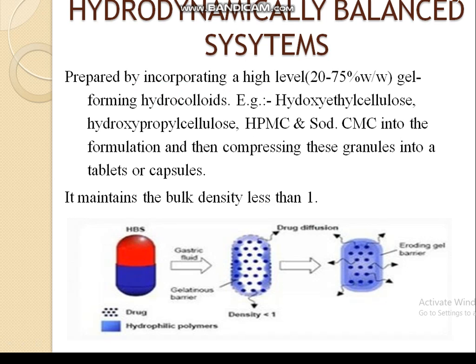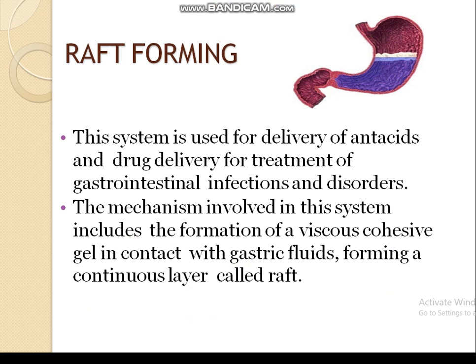All these polymers can be used, and then these granules are compressed into tablets or capsules. This system maintains the bulk density less than 1, so that's why it comes under floating system.